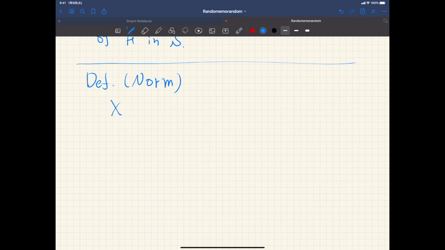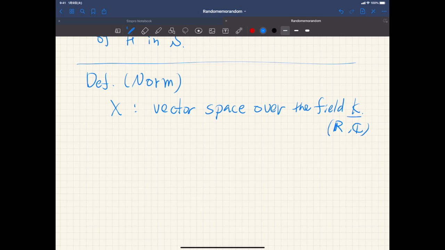Okay, let X be a vector space over the field K. In practice, this field K is either the real numbers or the complex numbers.